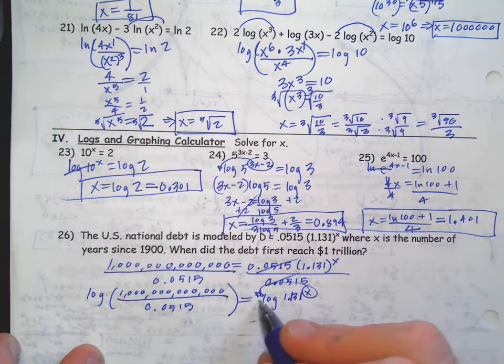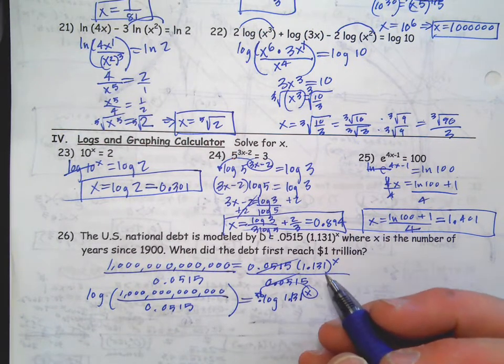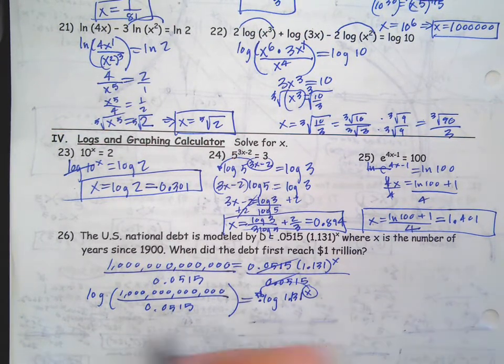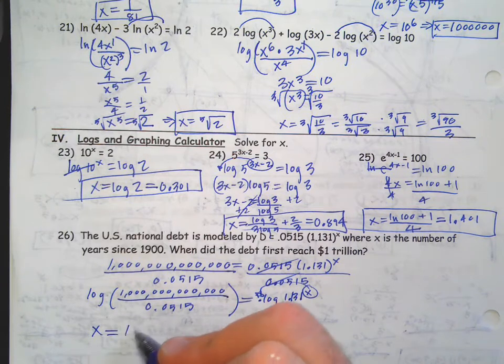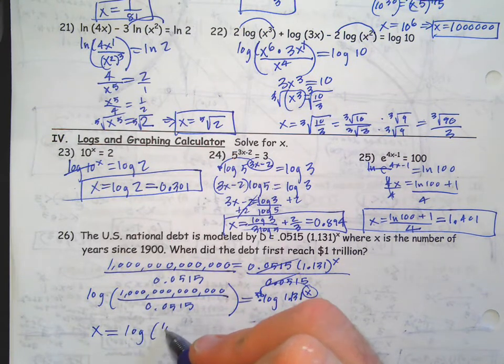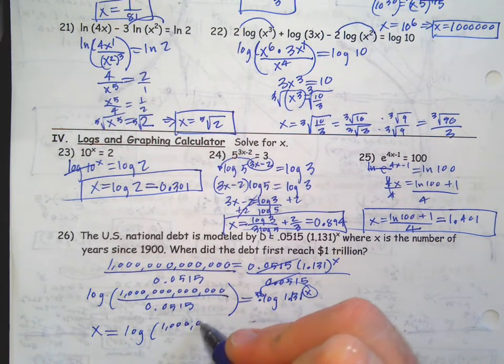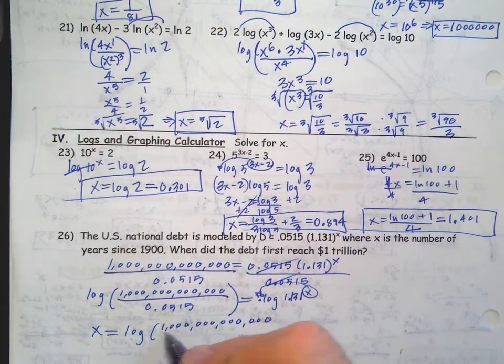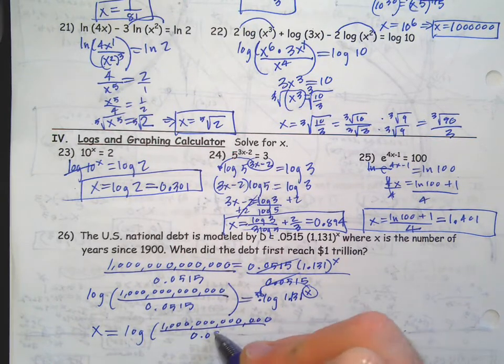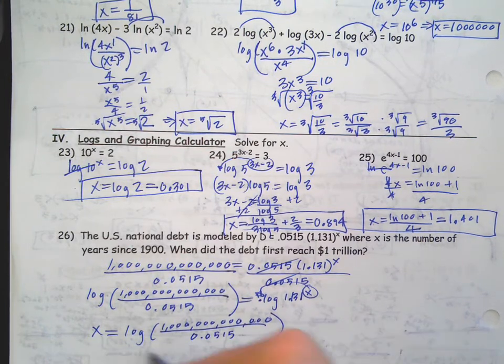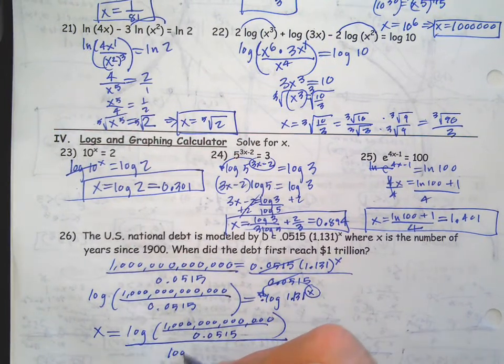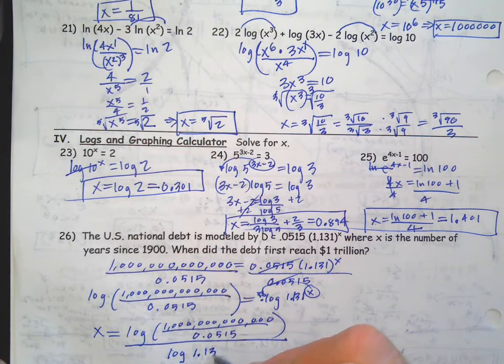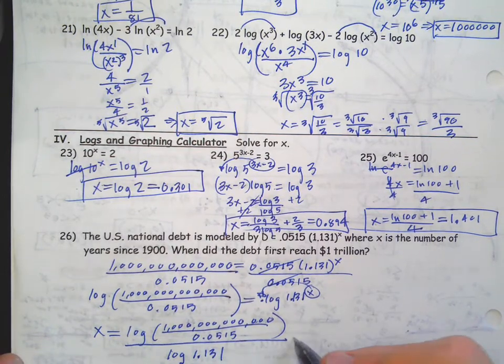So it's a coefficient. And then divide both sides by that. So x equals exactly log of 1 trillion divided by 0.0515, all divided by log of 1.131. So that's the exact answer.